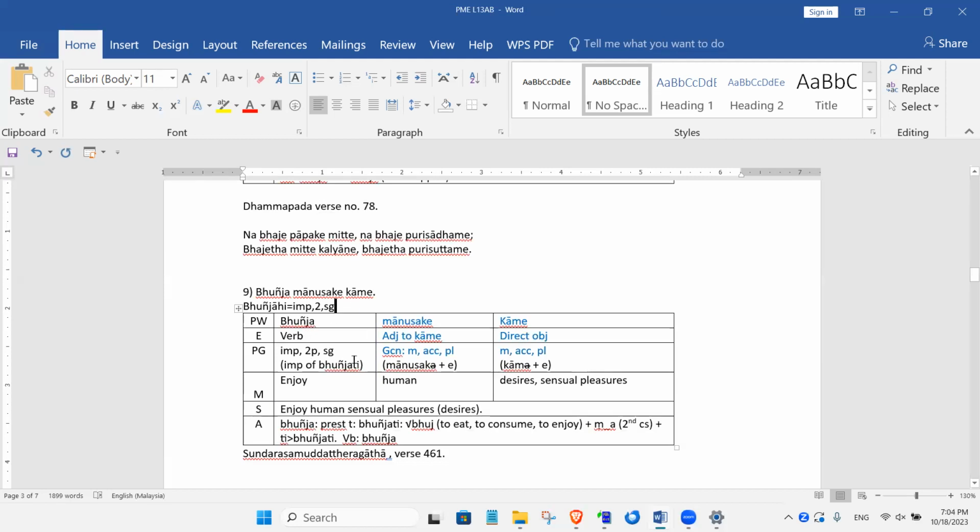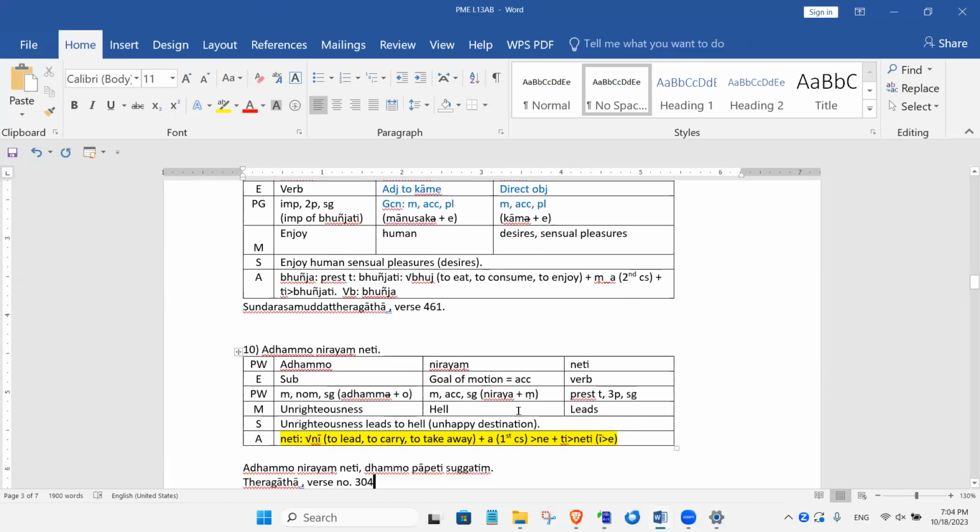So means that you enjoy the sensual desire, and then it is explained by this manusake. So human sensual desire. This is adjective here, right? So very simple. You enjoy human sensual desires.